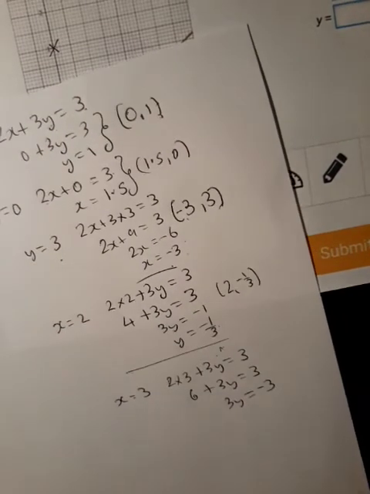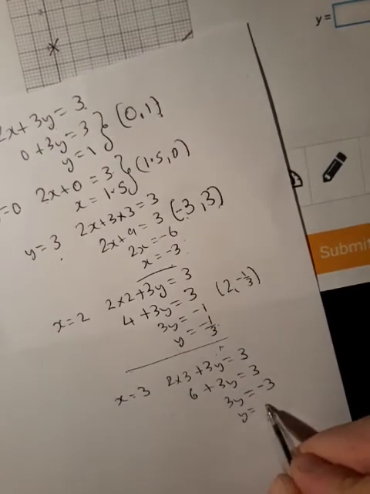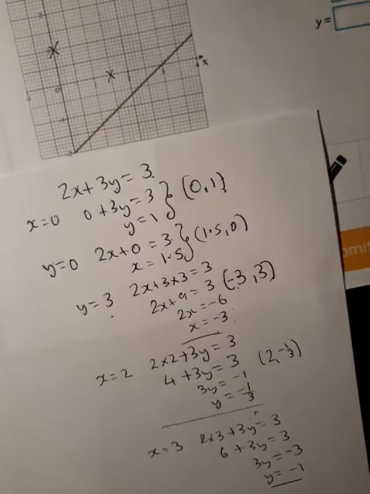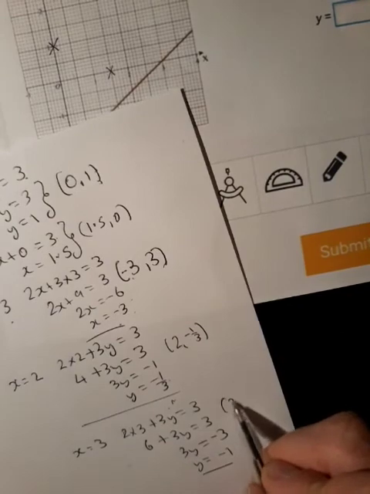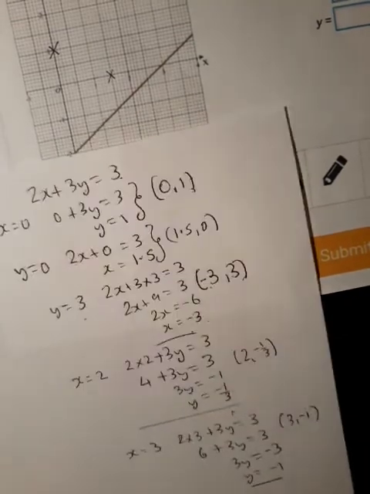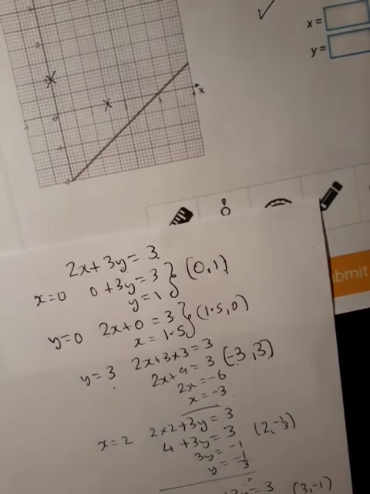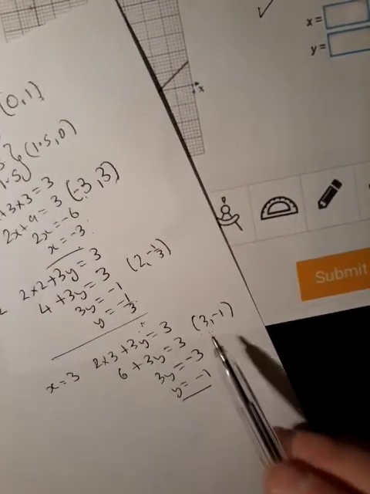If we take away 6 from both sides and divide by 3, we get y equal to negative 1. Okay, so that looks okay. So what you're seeing here is, even somebody who's been doing this for a long time, it isn't always obvious which numbers to choose first. Sometimes we have to try a few to get a nice coordinate.